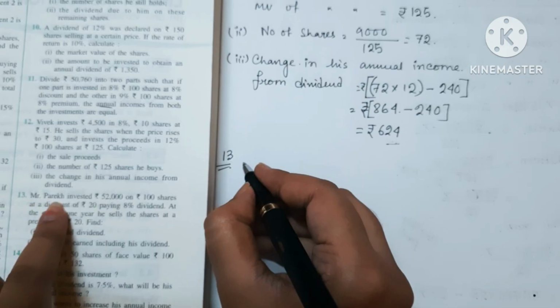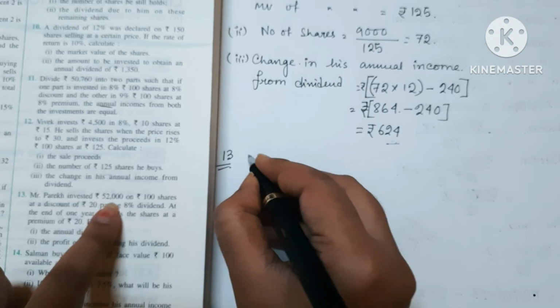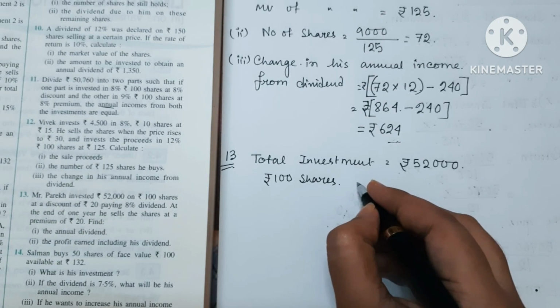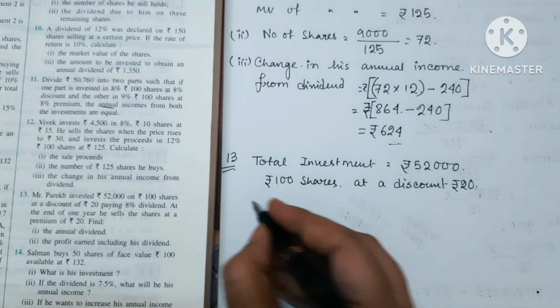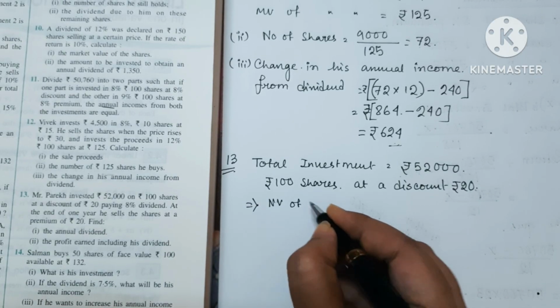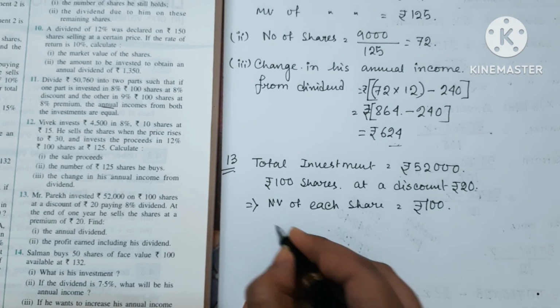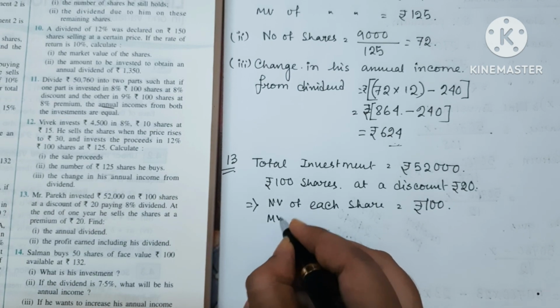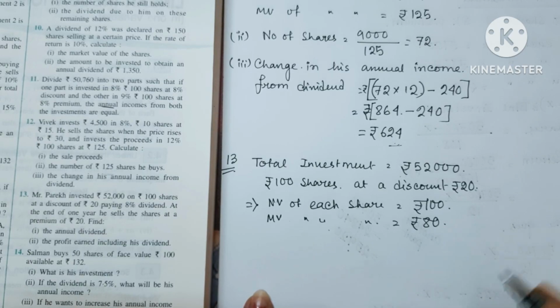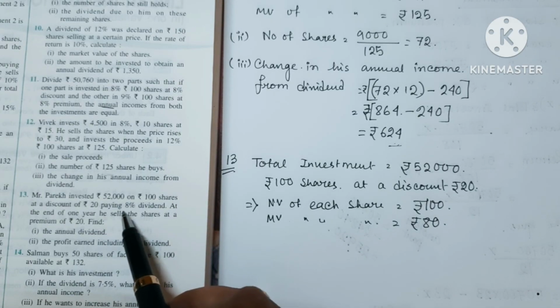Now question number 13. Mr. Parekh invested this amount. So total investment, 100 rupees shares at a discount of rupees 20, paying dividend at 8%. That means nominal value of each share is rupees 100 and market value of each share is rupees 80, and 8% dividend.